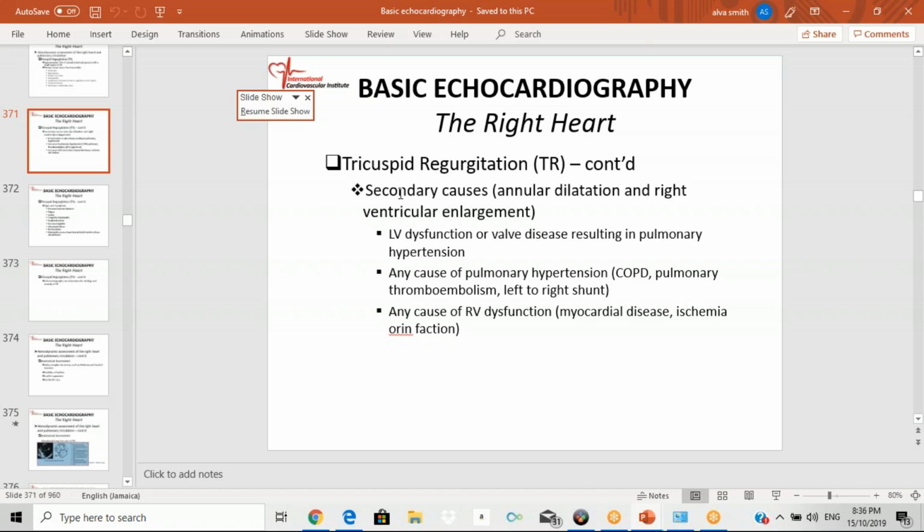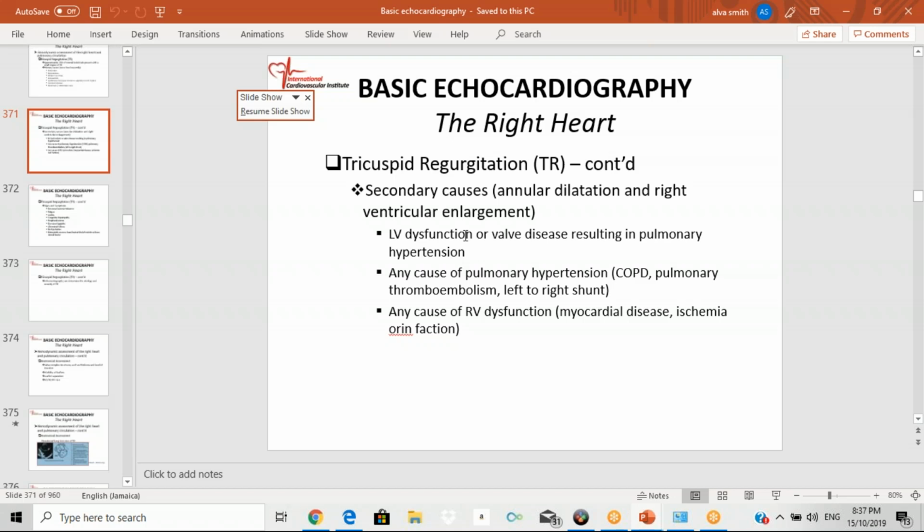The pressure goes all the way back, and the right ventricle is going to see increased pressure. The tricuspid valve is going to see increased pressure, and because it's under increased pressure, it's going to leak in systole. All right, so any cause of pulmonary hypertension will cause some amount of tricuspid regurgitation.